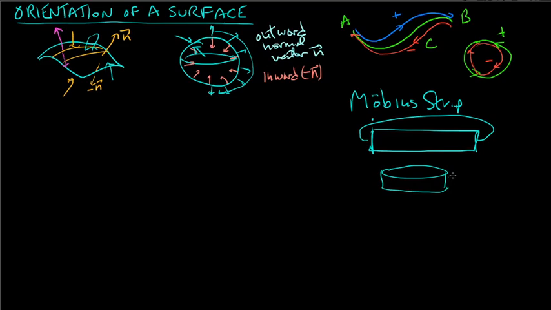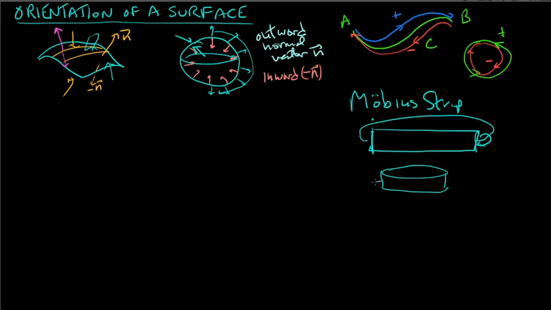But if you twist this halfway around and then connect the two surfaces, and I can't draw it, you have to do it yourself, what you'll see is that you don't have two sides anymore. You just have one side, a one-sided surface.